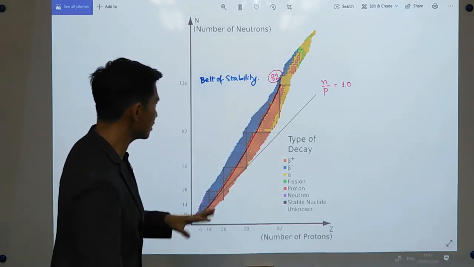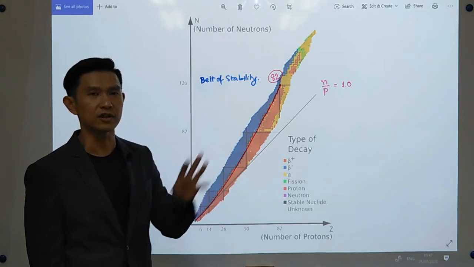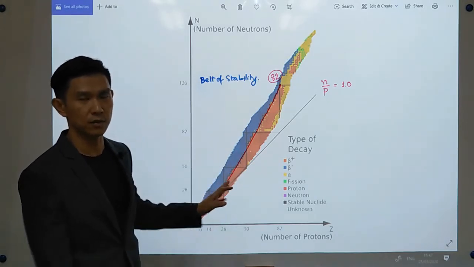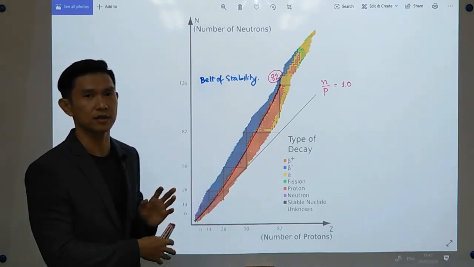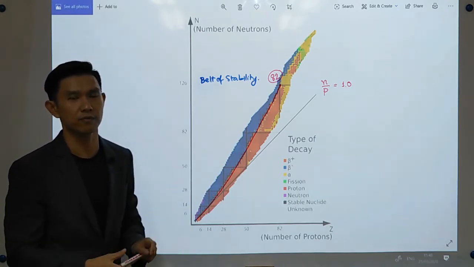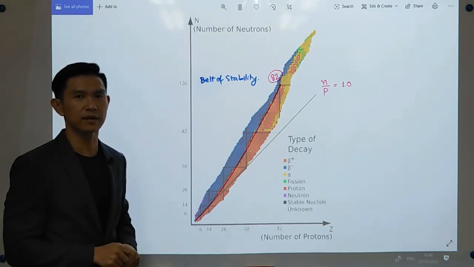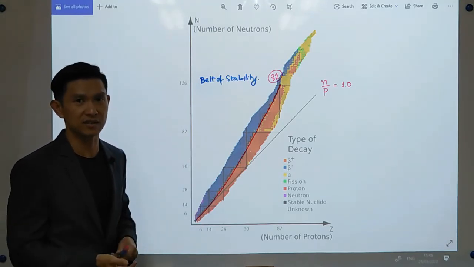Okay, so now I just showed you the belt of stability, and if an isotope is not stable, it's not on the belt, and it will try to go back to the belt. Now we're going to look at how we can move things back to the belt of stability by some kind of radioactivity.